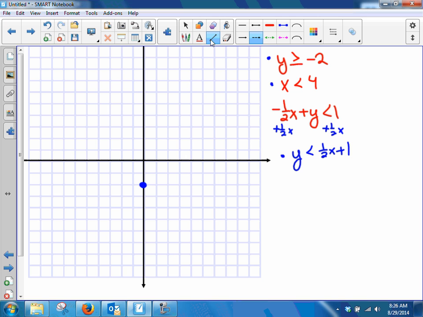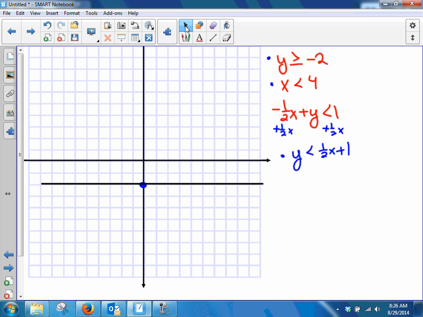It is solid. Good. So my line will go through that point. All right. And then where are we going to shade for that one? Above or below? My y values get bigger as I go up. Very good. And I'll shade at the very end.